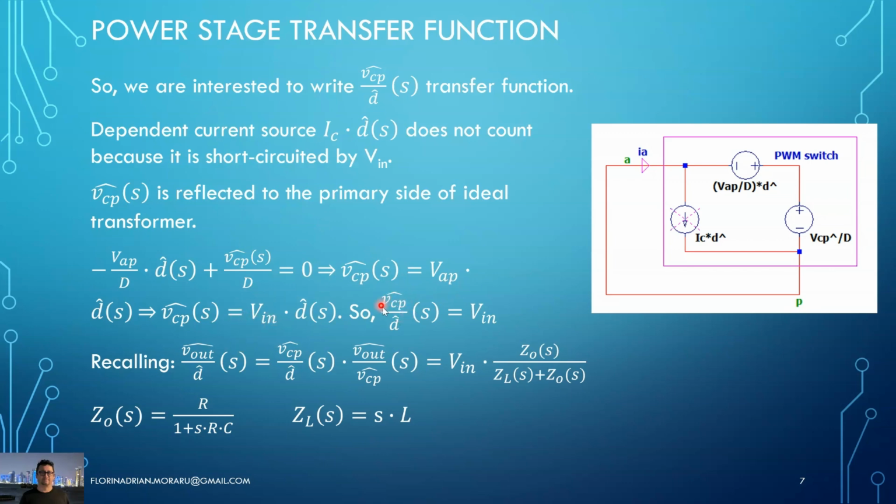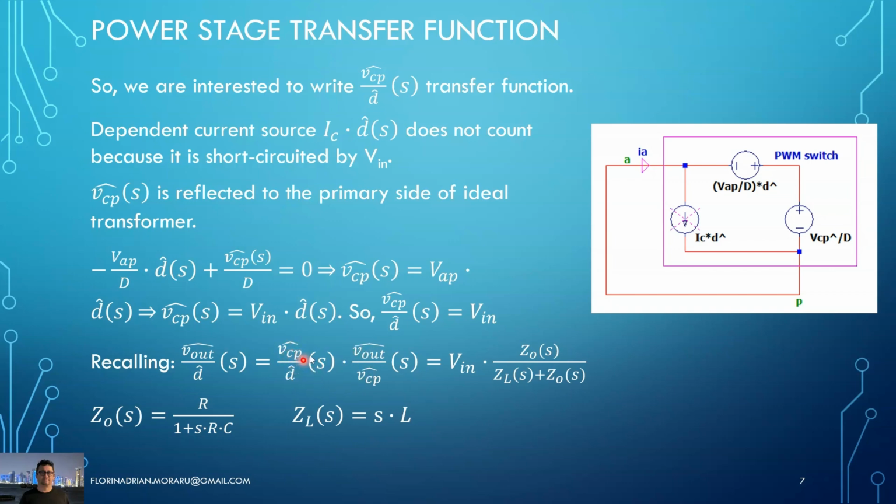So in the end, VCP hat over D hat of S will equal the input voltage. We stated that we are interested in V out hat over D hat of S, and we can express this as a product of two functions.